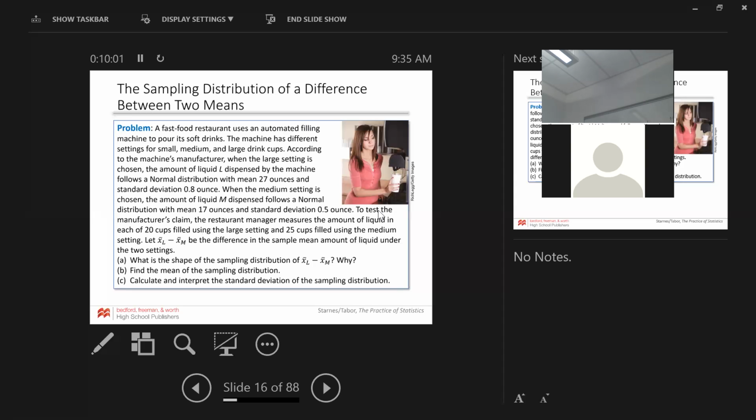What is the shape of the distribution and why? Find the center, calculate the step. Ready? Large follows a normal distribution. Medium follows a normal distribution. It's buried in there.